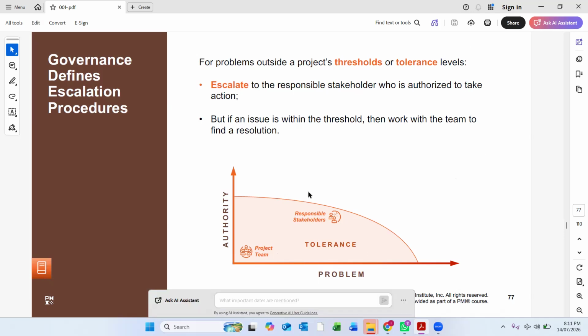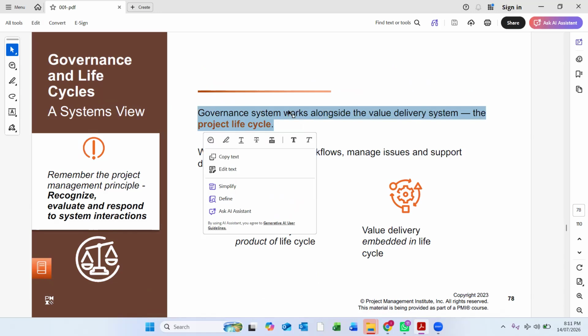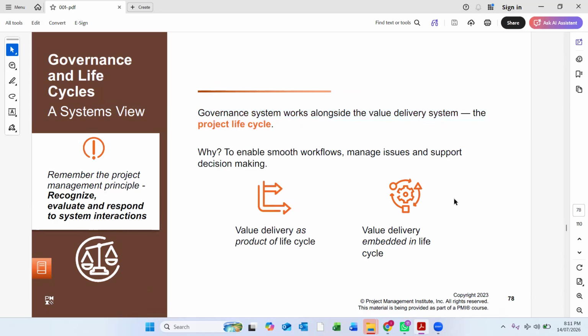Now, governance and life cycles. In a systematic view, governance systems work alongside the value delivery system, the project life cycle. Governance in any organization works alongside the delivery system.